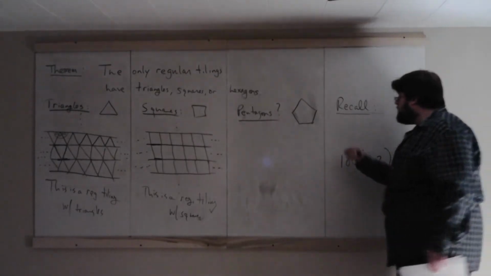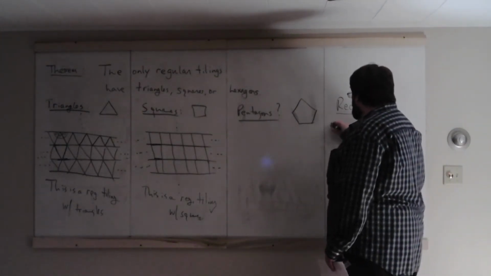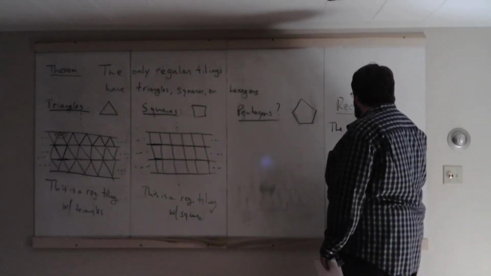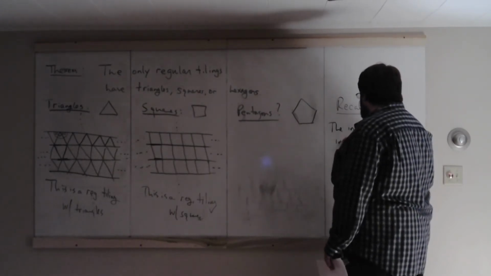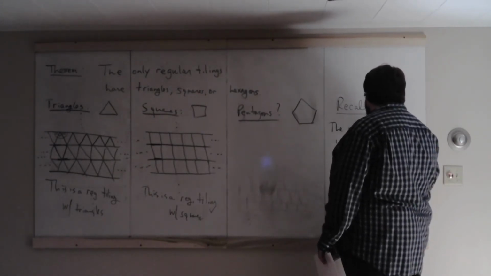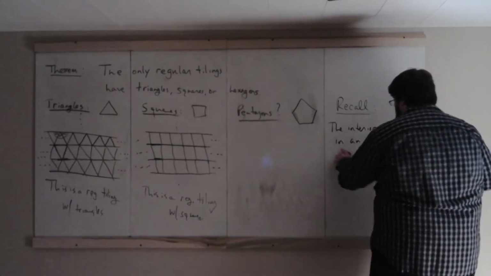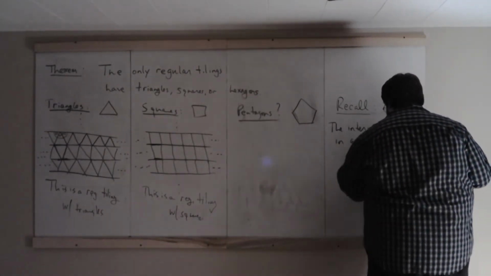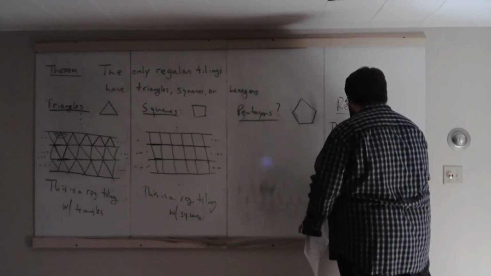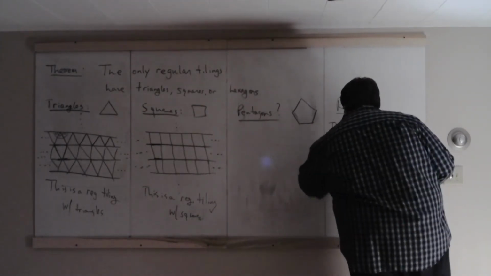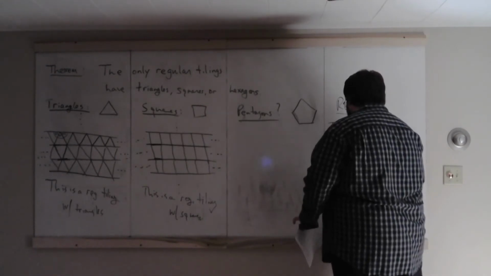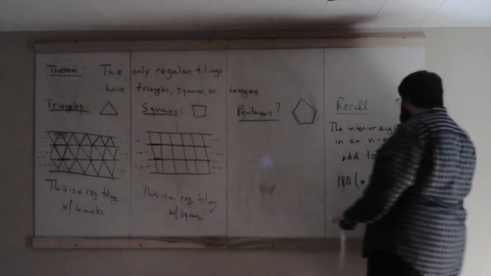So I'm going to recall two results. The interior angles in an n-gon add to 180 times n minus 2 degrees.